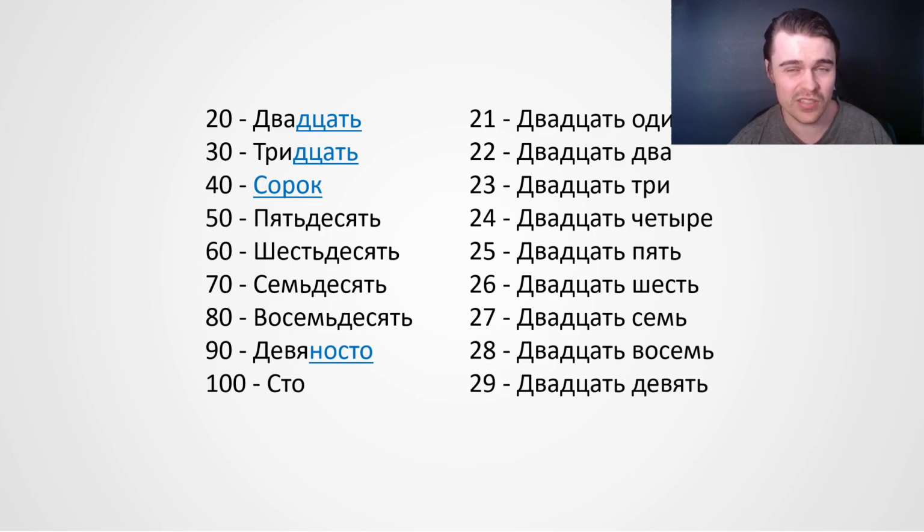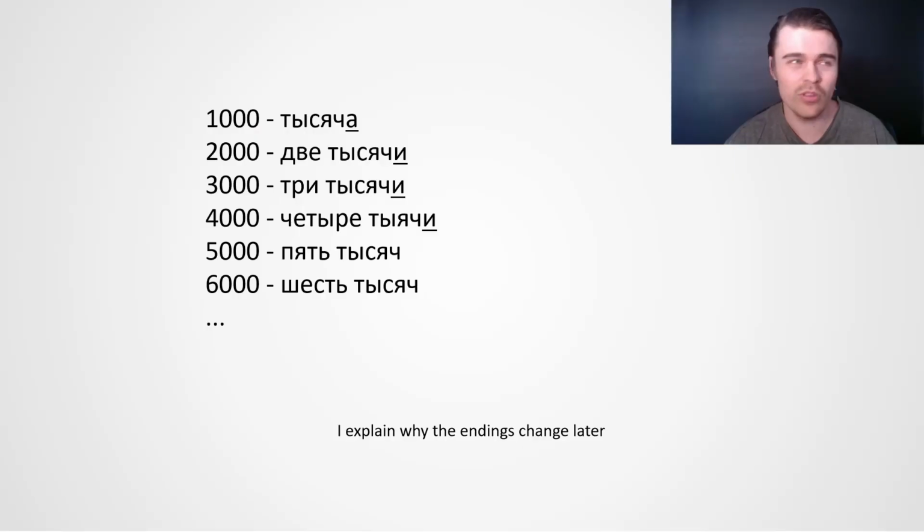I don't know where носто comes from. Not logical. And then 100 is сто. I won't go any higher than that. Of course we have the thousands. You normally just say, for example, тысяча, 1,000. Две тысячи, 2,000, so it's quite logical in that way.